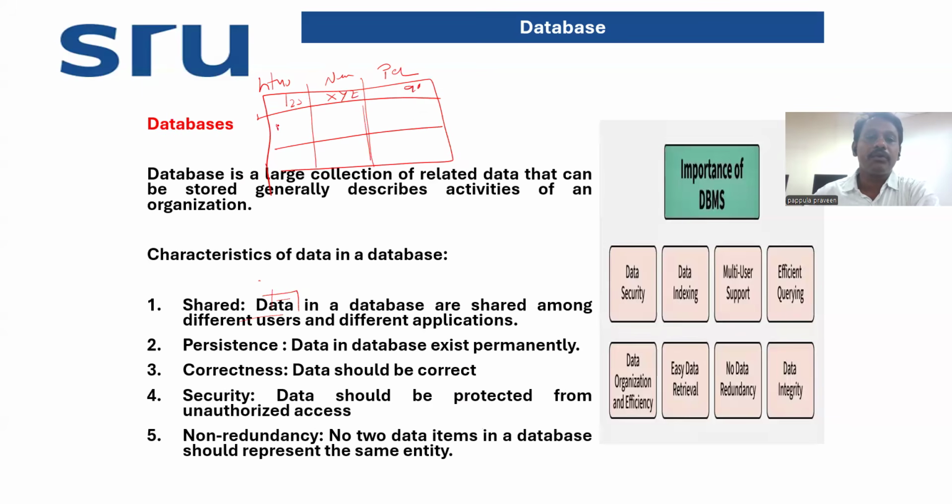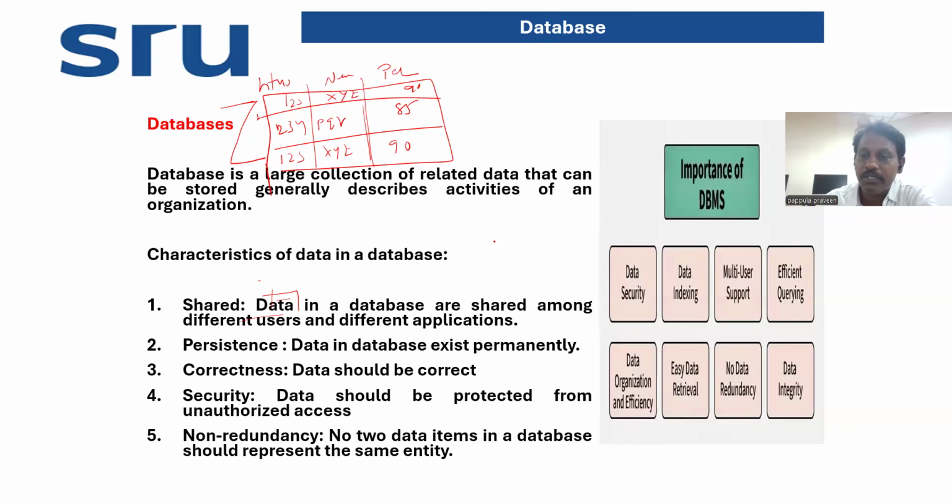Now again we want to enter 234 PQR, 85. I want to enter again 123 XYZ 90. Observe here, the hall ticket number 123 resides in our table twice. This is called redundancy. Now you have to avoid redundancy. Non-redundancy means no duplicate values.